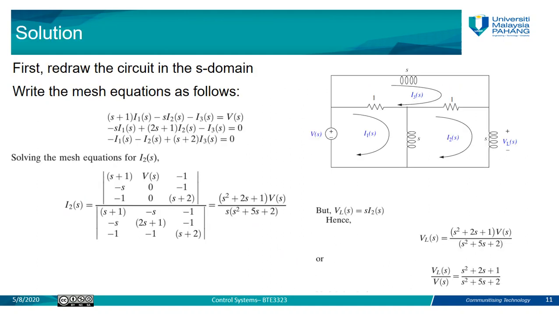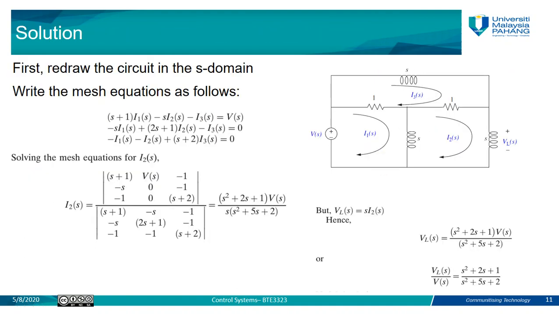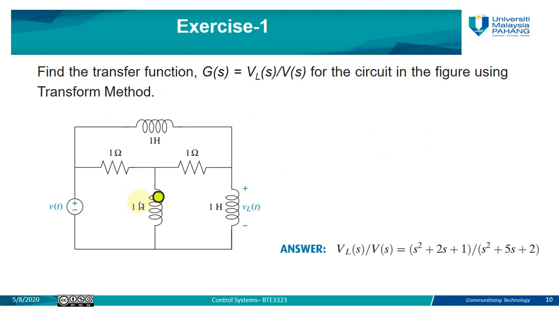You can see here the circuit after we draw it in the S domain. The value of 1 Henry becomes Ls, which is 1 times s, equal to s. The value of the resistor is still 1, no change. The impedance value here, Ls, is also equal to 1 times s, so it's s, because the inductor is 1 Henry.